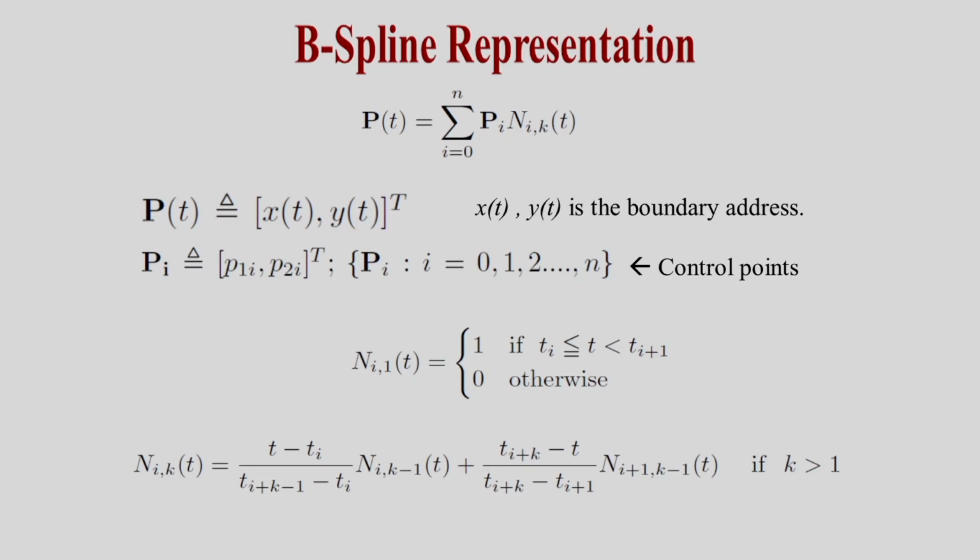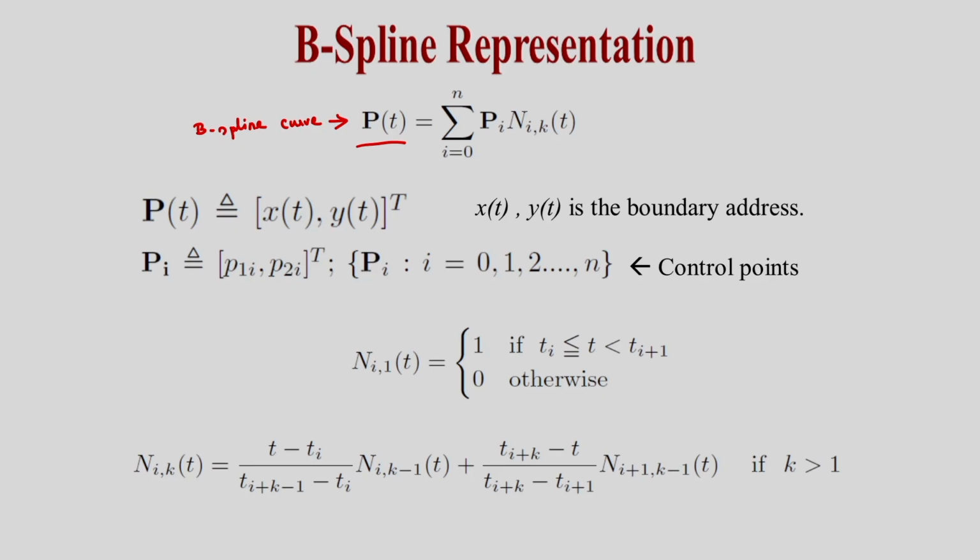Now the B-spline curve is represented by P(t). This is the B-spline curve, that is P(t) equals summation i equals 0 to n of P_i N_{i,k}(t).